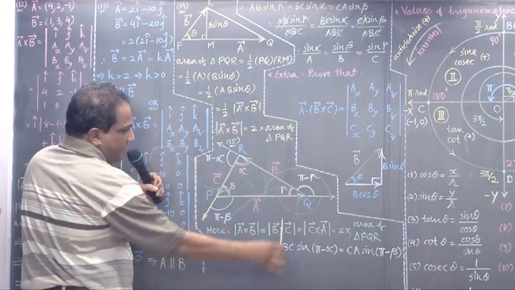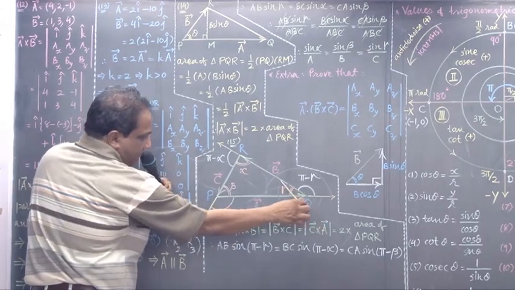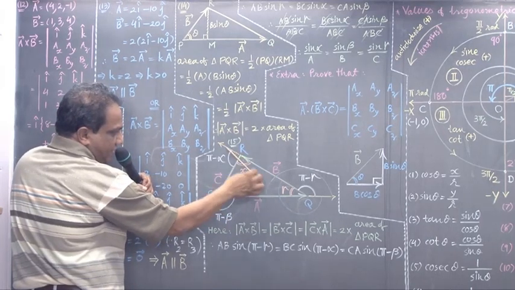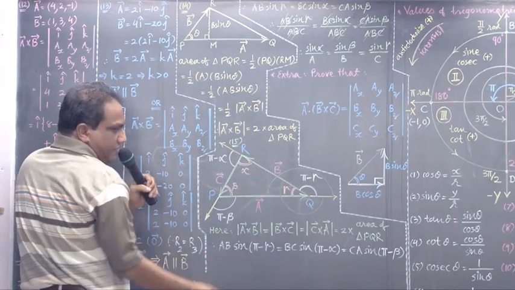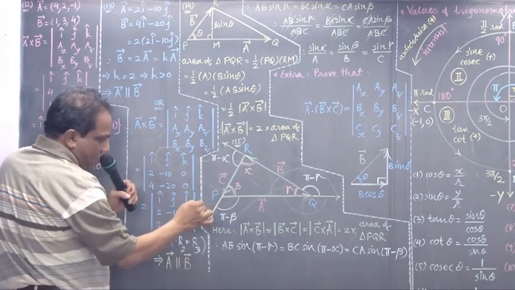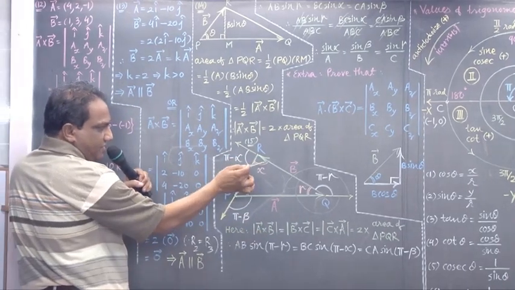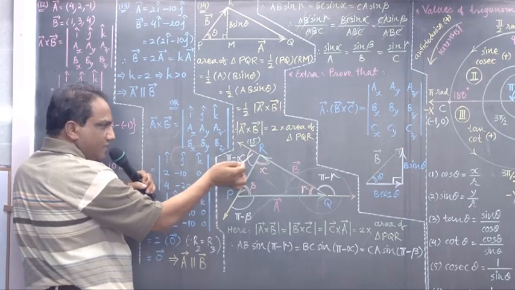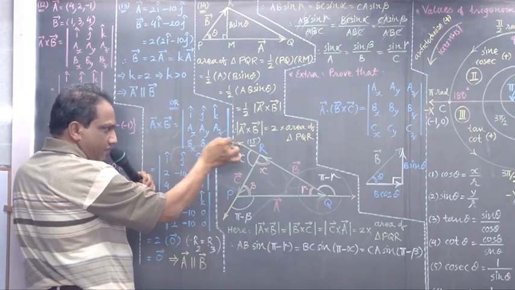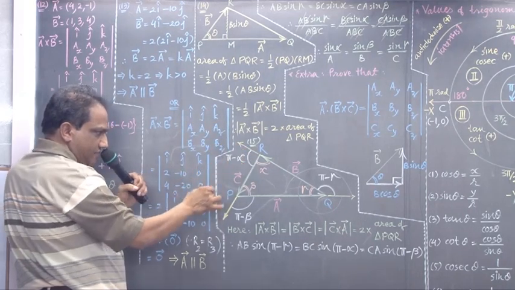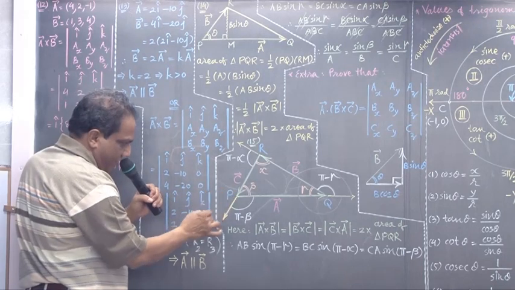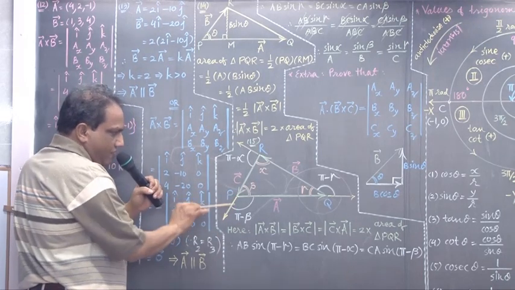Similarly, tell me, extend this vector, just its direction. So what is this, everybody? If this is alpha, then what will this be? It will give you the angle between vector B and vector C. What is this? Direction of vector C. What is this?